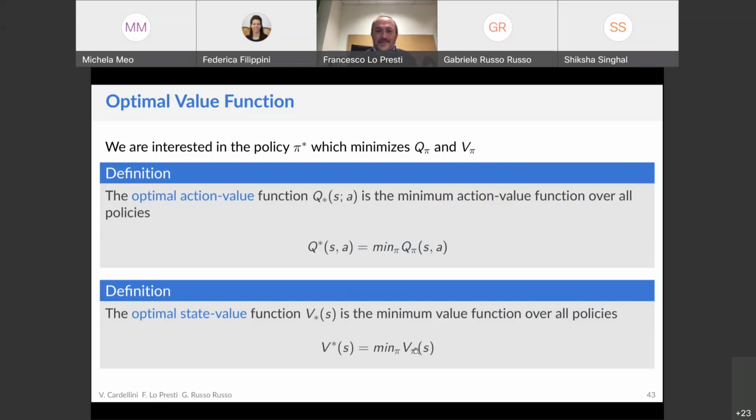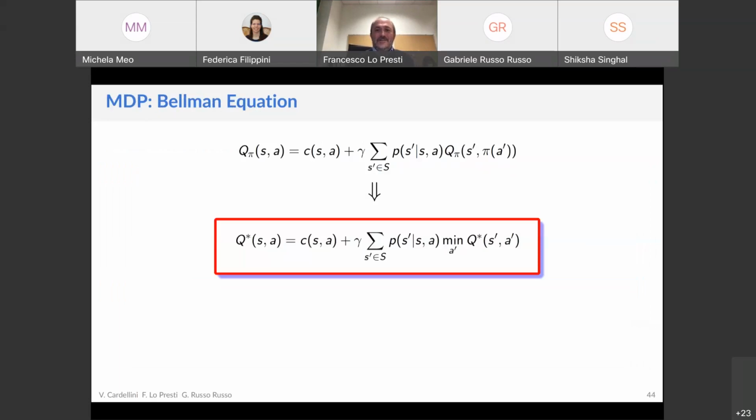What is nice is that for this type of system, for the optimal policies, which I differentiate by writing Q star rather than Q pi, we have the well-known Bellman equation. The main difference from the generic policy to the optimal policy is that here I have the minimum. So the optimal cost starting in S and taking action A is given by the average cost in S of doing action A plus the discounted cost of doing the best action from now onward.